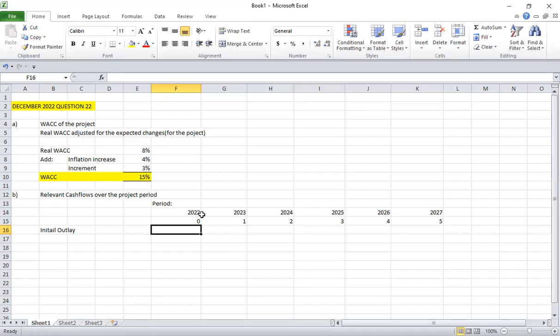That's why I said year 0 for us will be the year 2022. So the project requires that you purchase a machine in period 0 at a cost of 100 million shillings. So we shall say that the initial outlay is therefore 100 million.